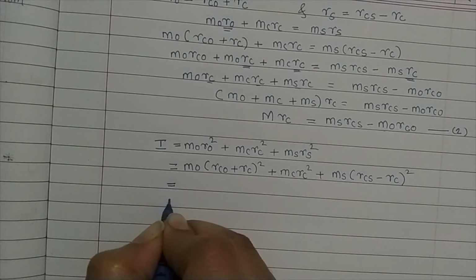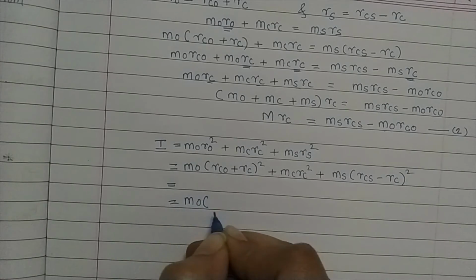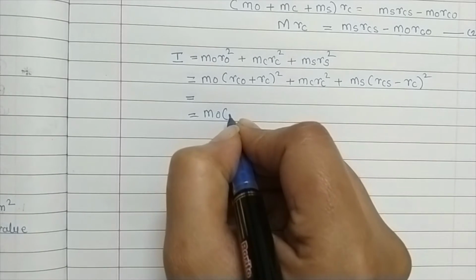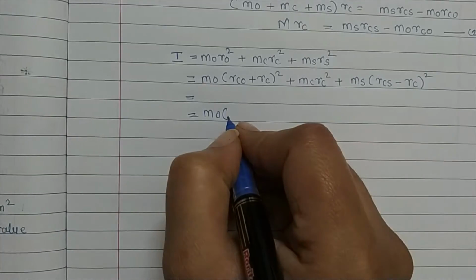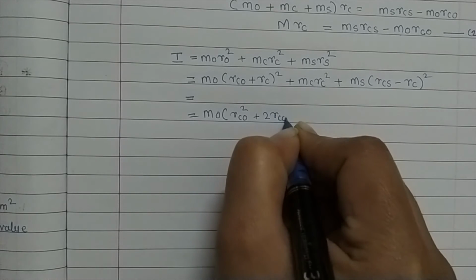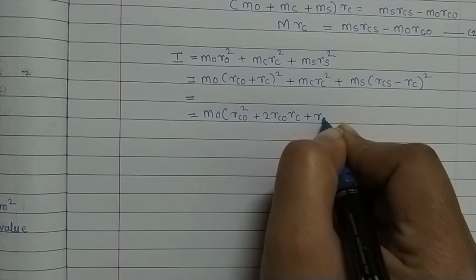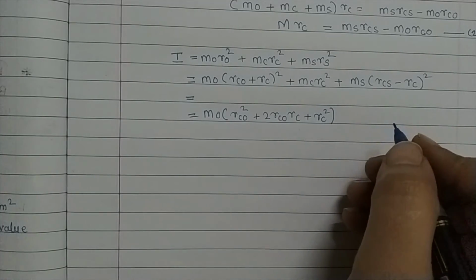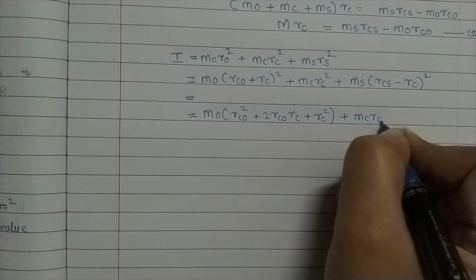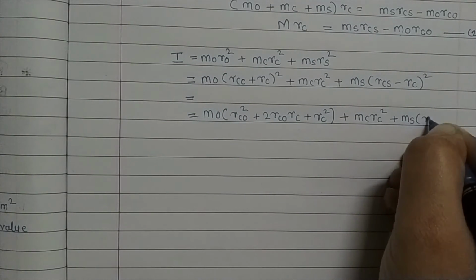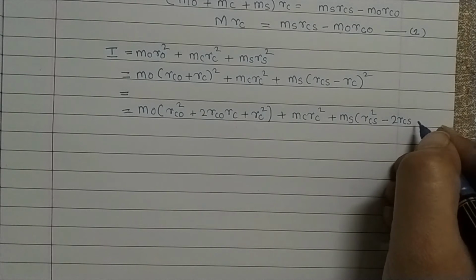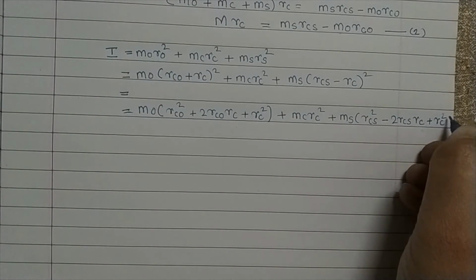Now solving this square bracket, see, RCO square plus 2 RCO into RC plus RC square, using the formula of (a plus b) whole square, plus MC RC square, plus MS, RCS square minus 2 RCS into RC plus RC square.